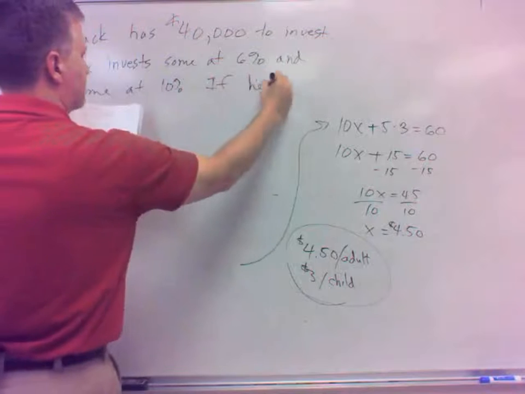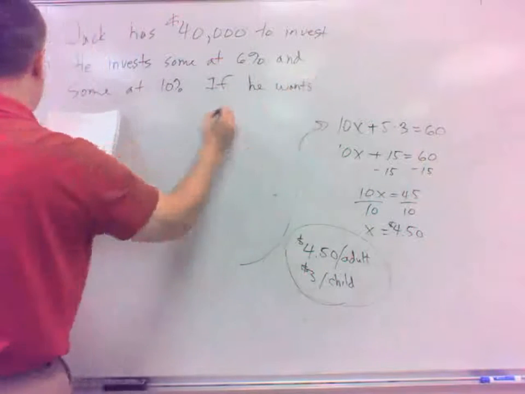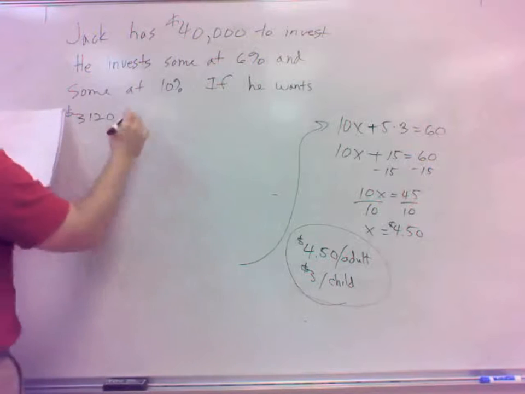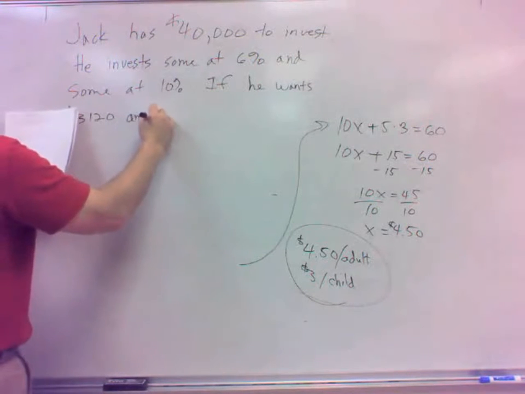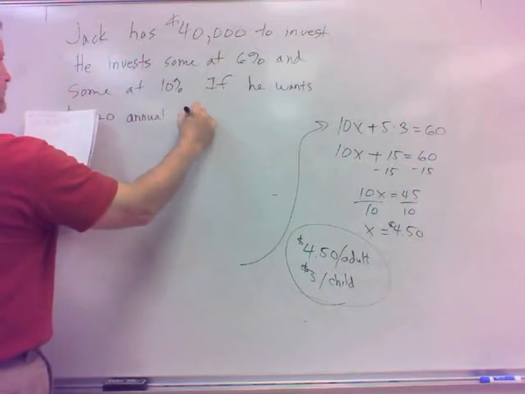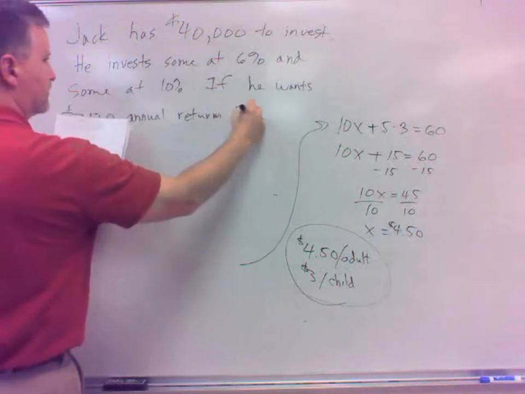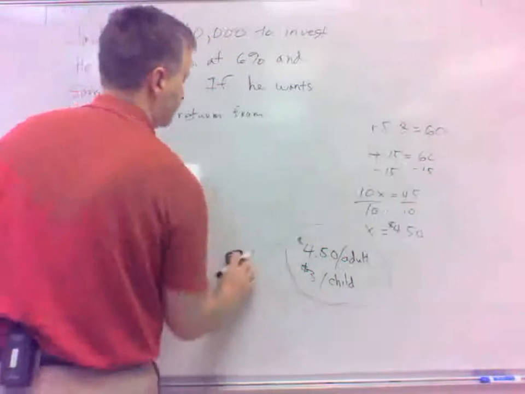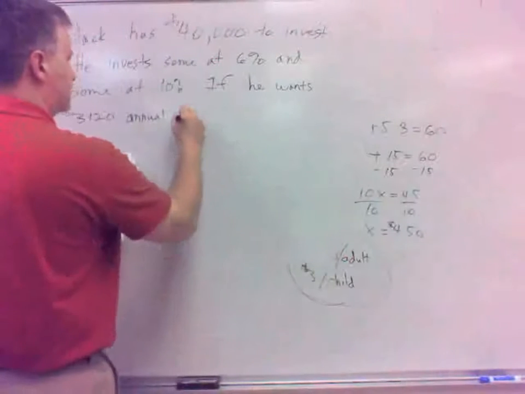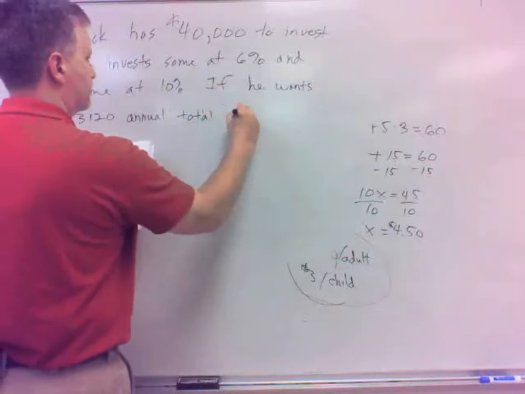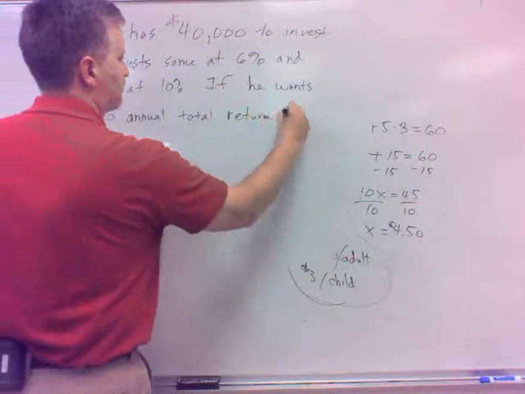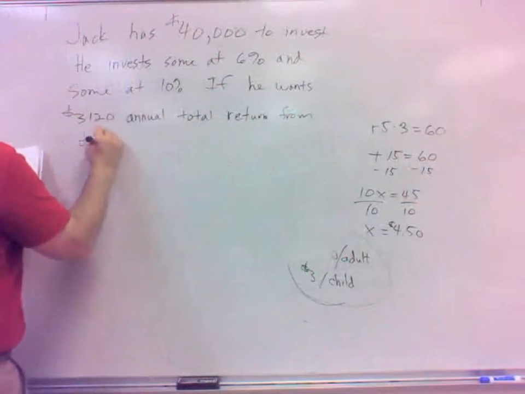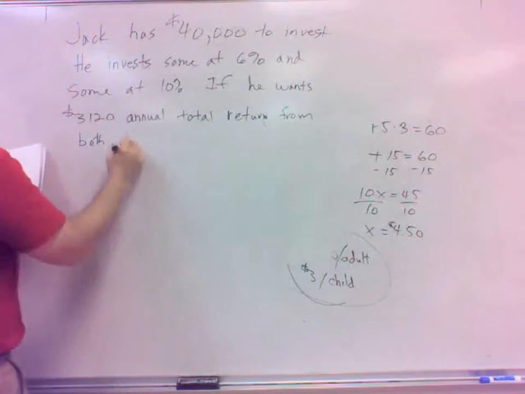If he wants $3,120 annual return from both, total return from both, how much should he invest in each account?